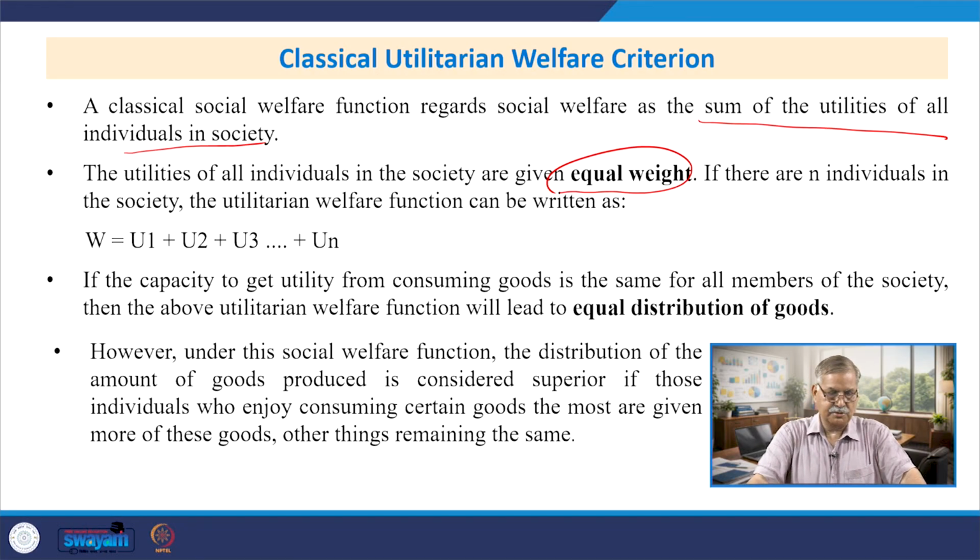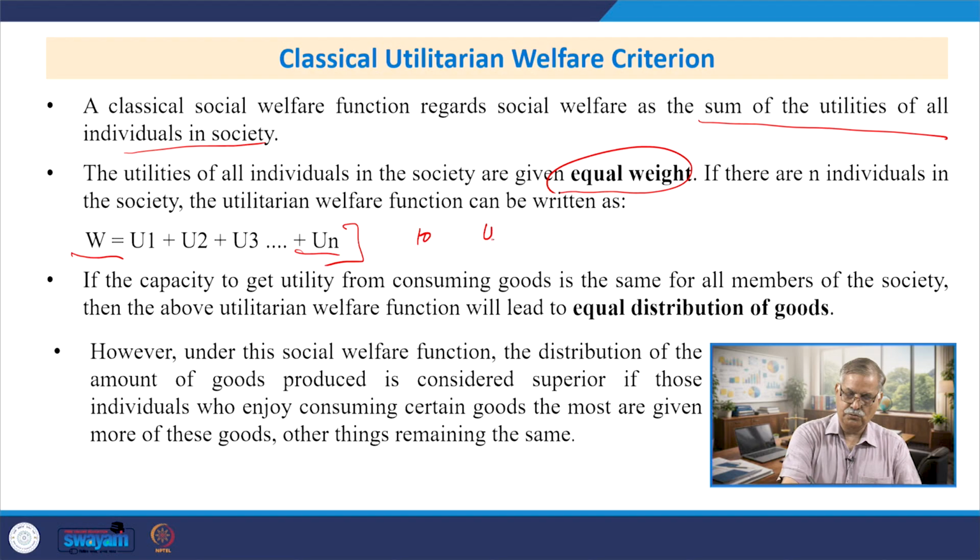If there are n individuals in society, the utilitarian welfare function can be written as W, the welfare function, equals U1 plus U2 plus U3 up to UN, meaning you sum all the utilities, and the total utility is the summation of all individual utilities. If the society has, say, 10 people, then U1 to U10 utilities will be added, and we get the total utility or total welfare of the society.